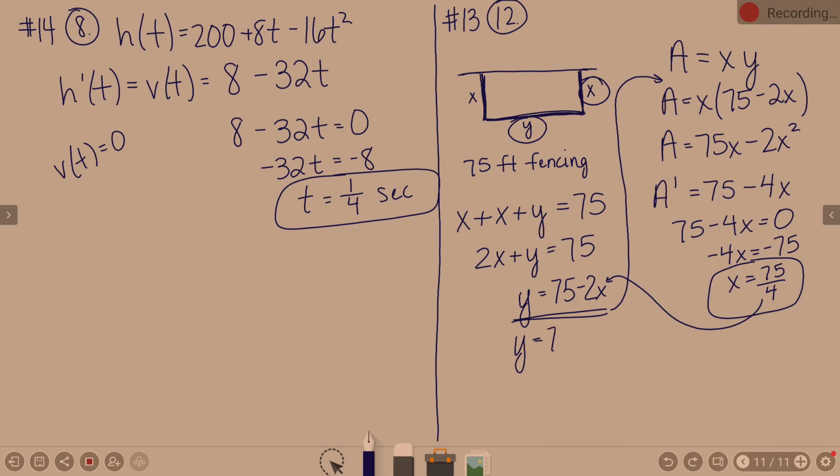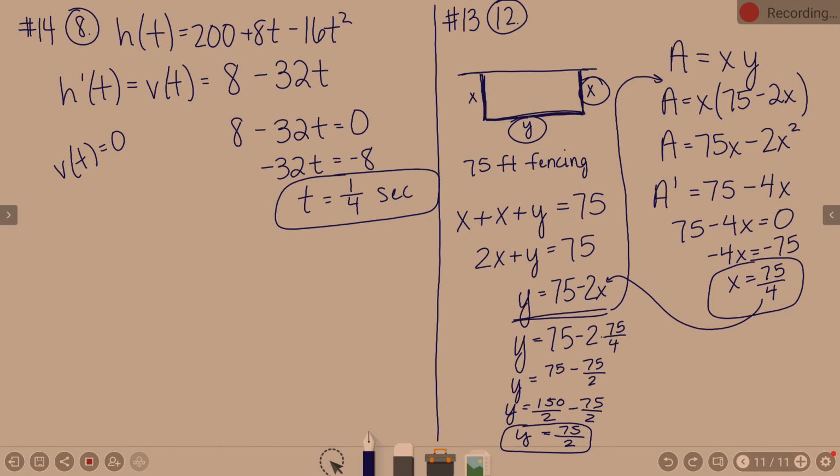So 75 minus 2 times 75 fourths. 75 minus 75 halves. If I get a common denominator, that is 150 over 2 minus 75 over 2, which is 75 over 2.